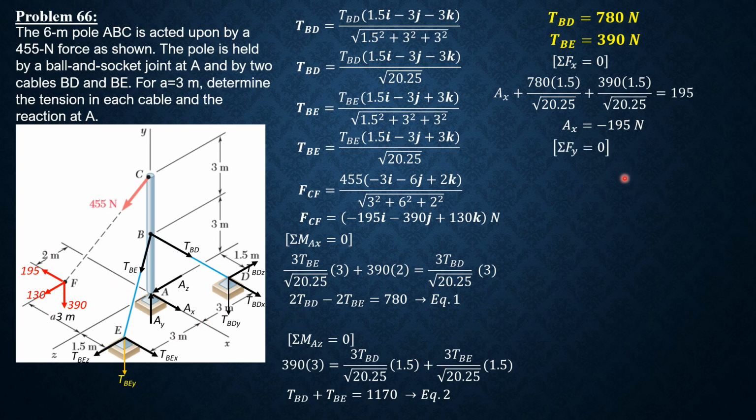Then summation forces Y equals 0. AY equals 390 plus TBDY plus TBEY.